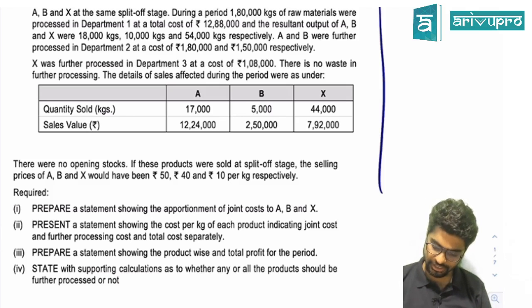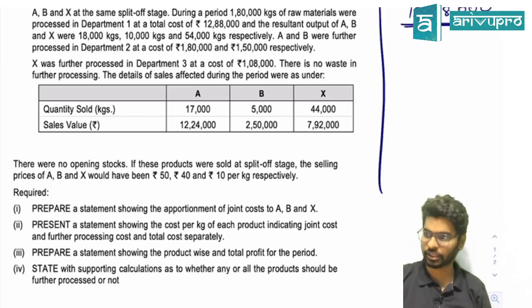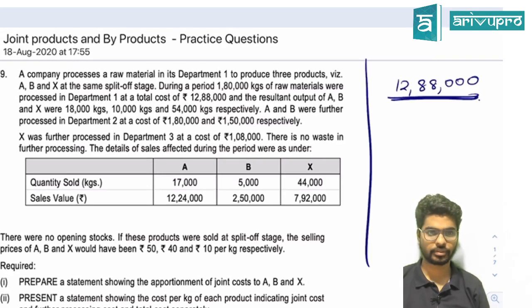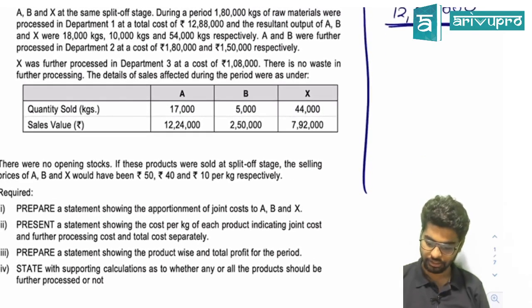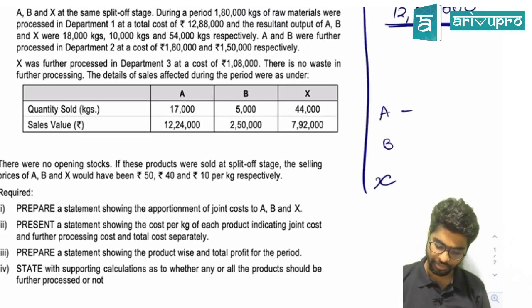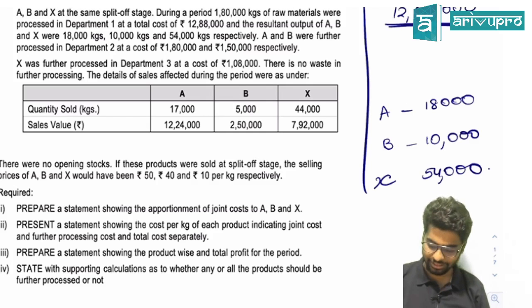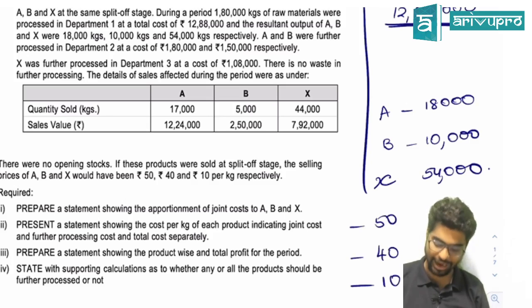There was a process, the total cost was 12,88,000. 12,88,000 was my joint cost. Yes, these resulted in A, B and X. A was 18,000 kgs, B was 10,000 kgs, X was 54,000 kgs. Clear? And then they have given me a split off point price of 50, 40 and 10.